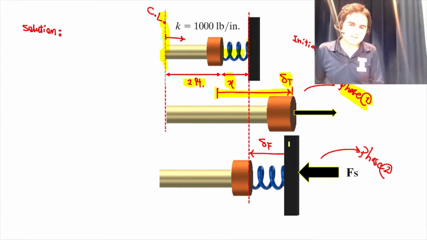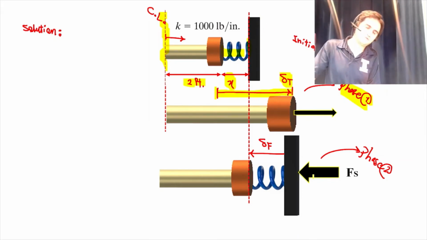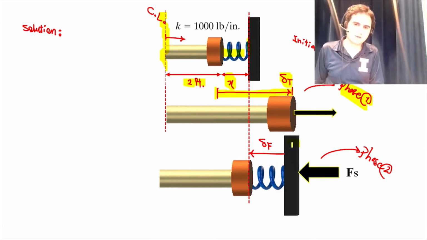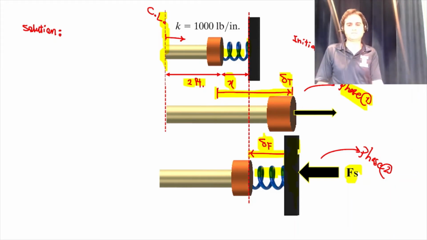Because in reality we have a fixed support at both ends, we need to replace the support. As we replace the support, there is a push on the spring and it pulls the bar back toward its original location. We call that delta F, the deformation due to the force of the support.